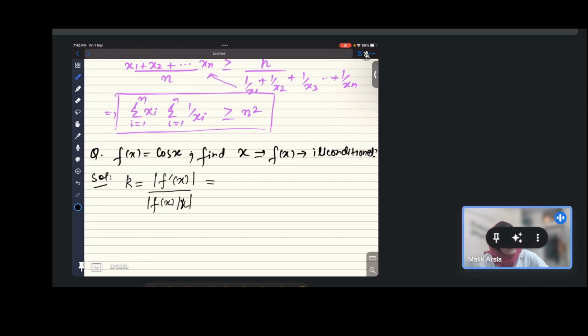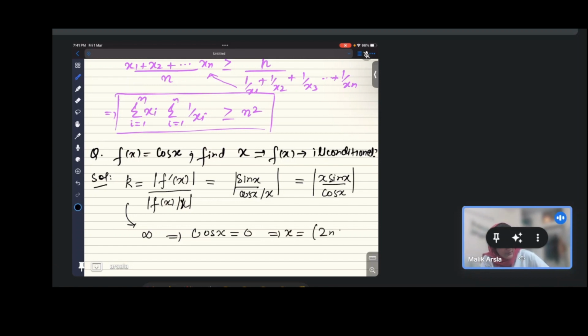That is coming out to be minus x sine x upon cos x by x, correct? Minus x tan x. For this function to be ill conditioned, we know that k should tend to infinity, and for that cos x should be 0, which implies x is equal to 2n plus 1 pi by 2.